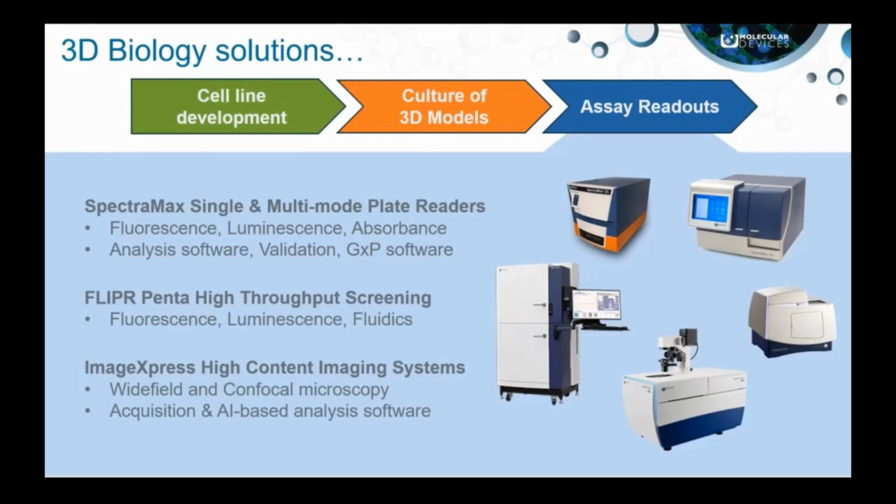We also have our FLIPR Penta high throughput cellular screening system, which can use fluorescence, luminescence, and also has fluidic compound addition. A nice case where we're seeing this in 3D biology is with cardiac organoids to track beating and calcium activity in a time lapse simultaneously across a whole plate of organoids. Then we also have our range of ImageXpress high content imaging systems, both widefield and confocal, that can allow you to monitor growth or complete more advanced optical sectioning with our ImageXpress Confocal HT.ai.